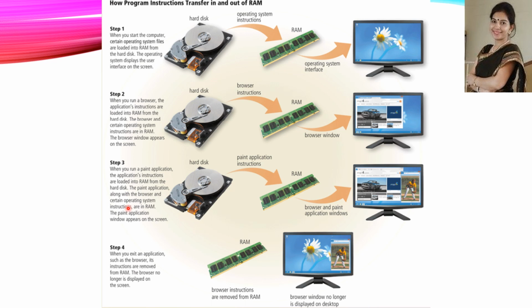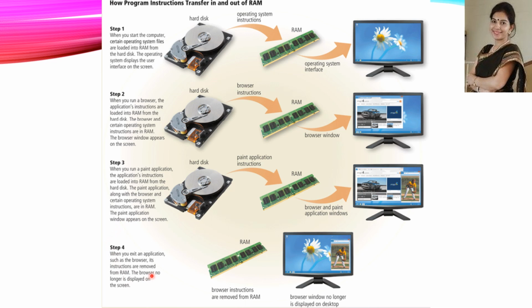Now step 3 is when you want to run MS Paint or any other paint program. What happens? The specific programs are loaded into RAM from the hard disk, and then the paint window appears on the screen.